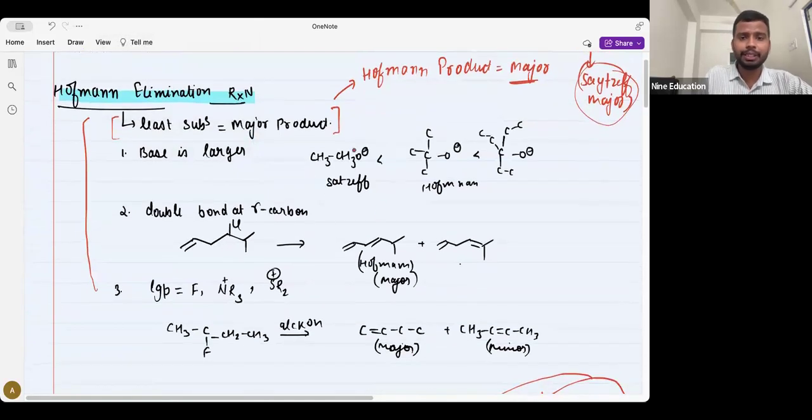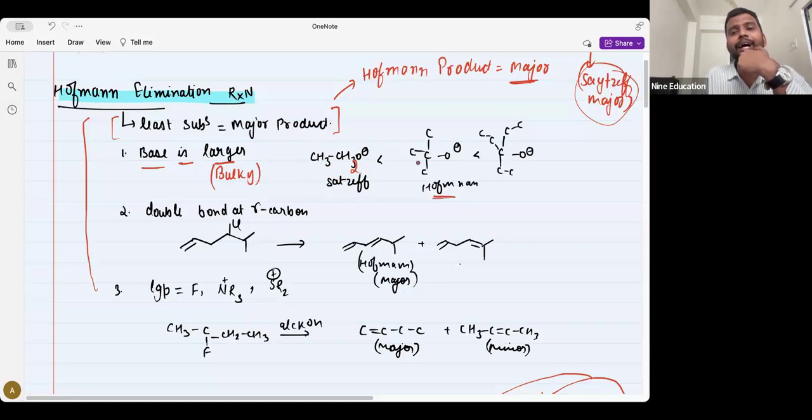So whenever you see these cases, you should know कि हमें Hoffman बनाना है. Let's say you have a bulky base. Let's say we have two bases. एक ये हमारे पास CH3CH2O minus है, first base this one.